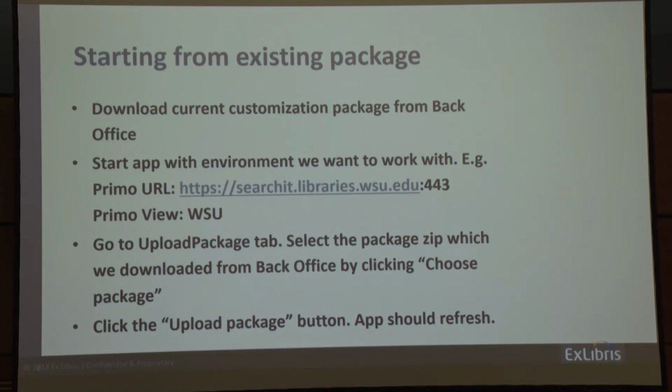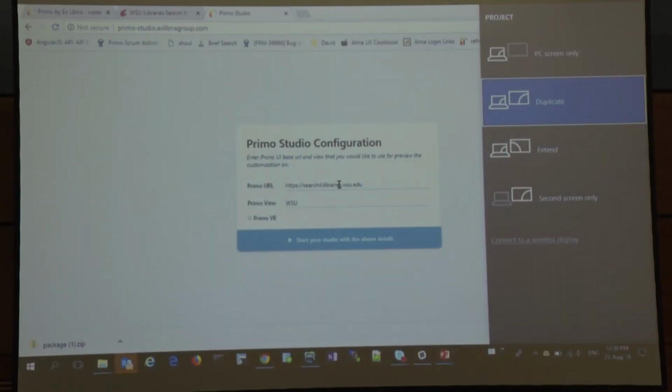Okay, so I think this is the Primo page for Washington State University, if I'm not mistaken. Sorry about that. I'm going to use the Washington State University Primo page.